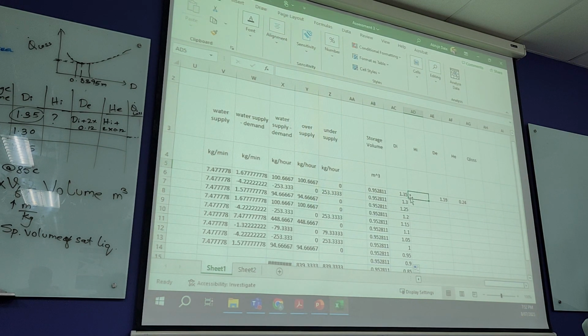Has anyone got a simplified formula for H? H equals total volume divided by... I use 4 divided by pi d squared times 5.